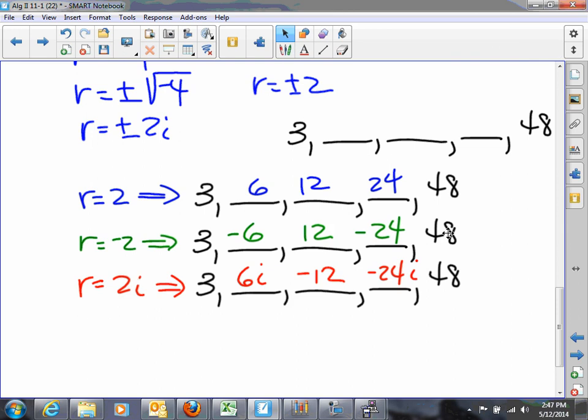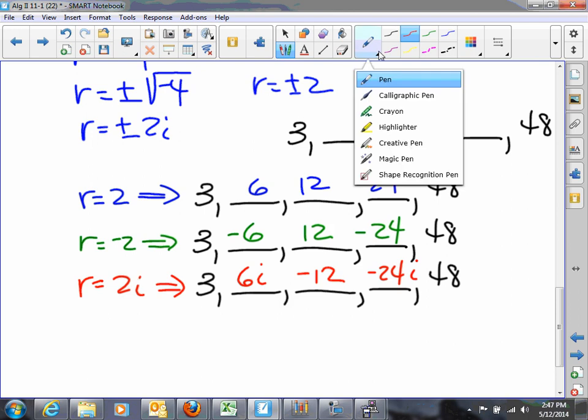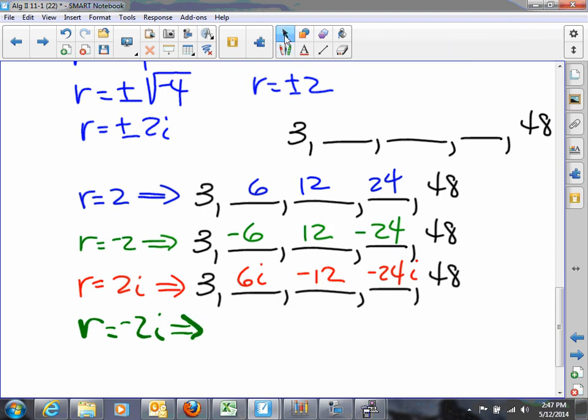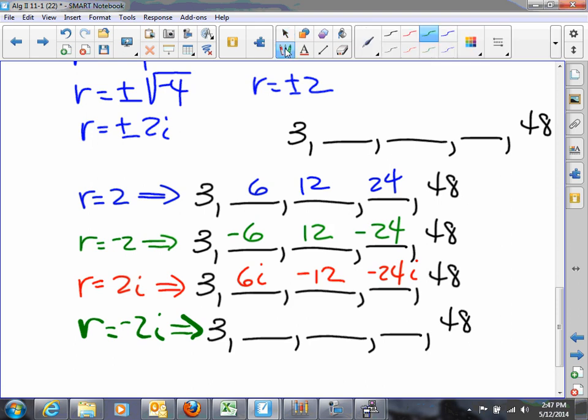But now, if r were -2i, that would mean that 3 times -2i would be -6i, and -2i times -6i would be +12i squared.